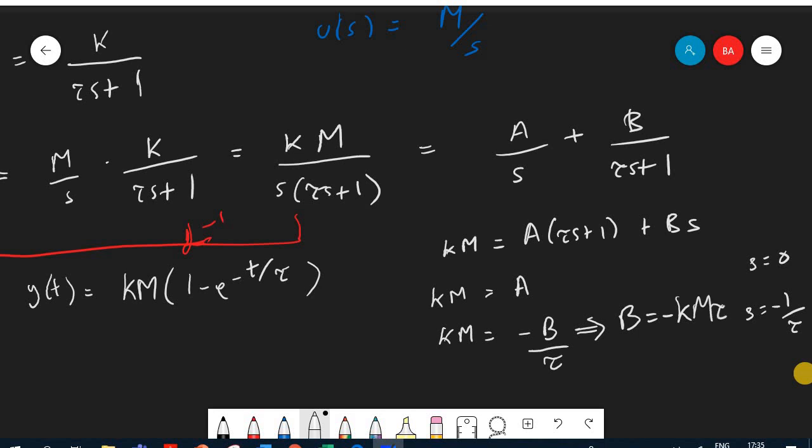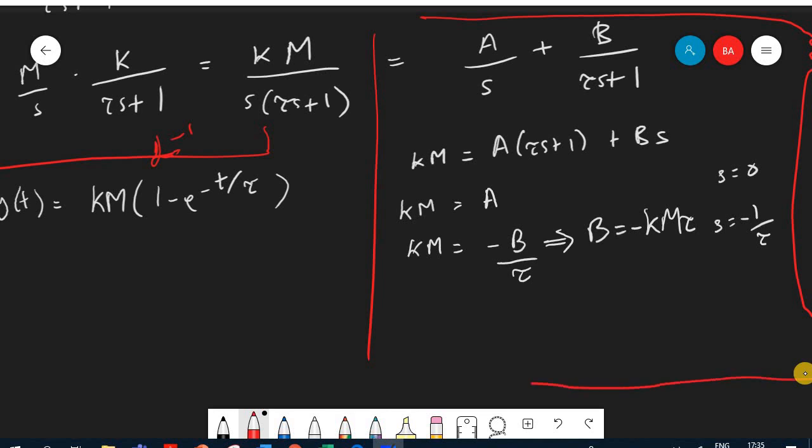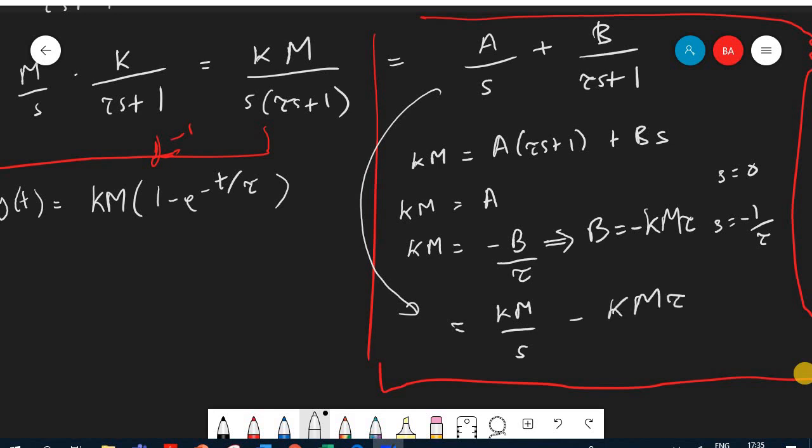I'm trying to do the partial fraction decomposition. Going back to the problem here, we have Km over s minus Km tau over (tau s plus 1).